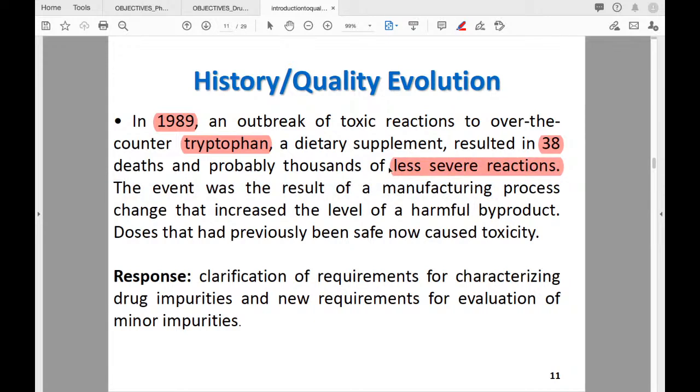It was the result of manufacturing processes that increased the level of harmful byproducts, and doses that had previously been safe now caused toxicity. So there were clarifications of the requirement for characterizing drug impurities and a new requirement for evaluation of minor impurities. A clarification was required that drugs need to be pure, impurities need to be controlled, and need to be taken care of.